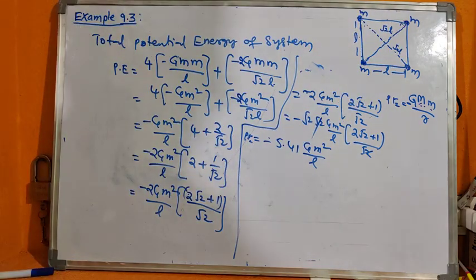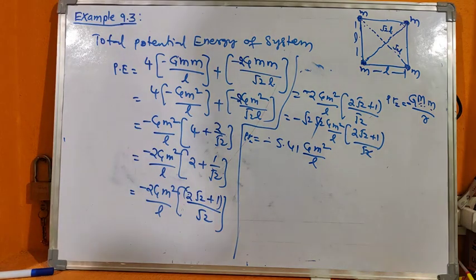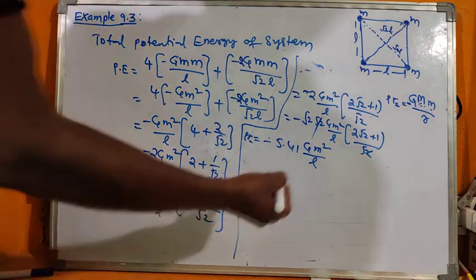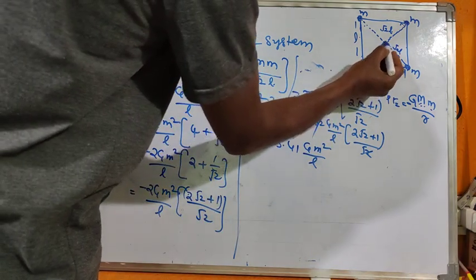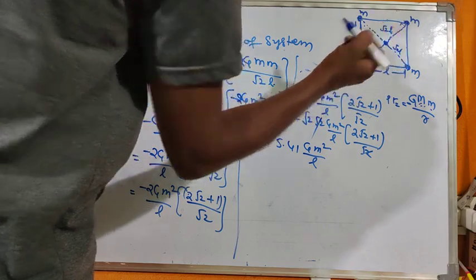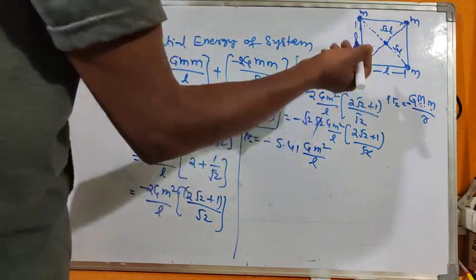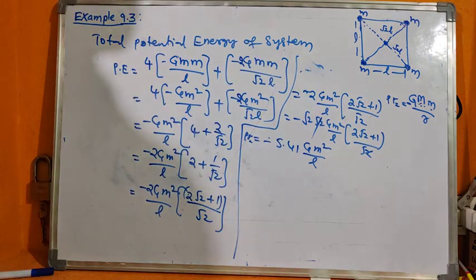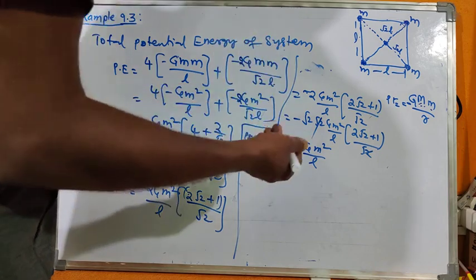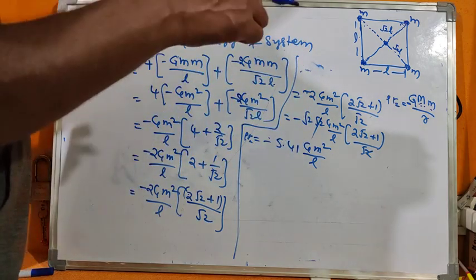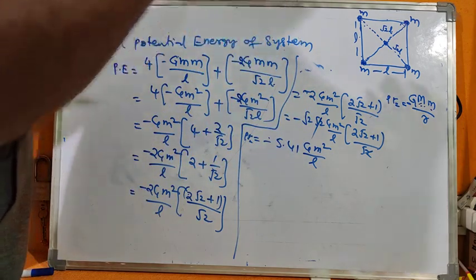Okay, and we should also find out the potential at the center of the square. The potential at the center of the square means this is the center of the square, but there is no mass there. Potential is the characteristic of the position.